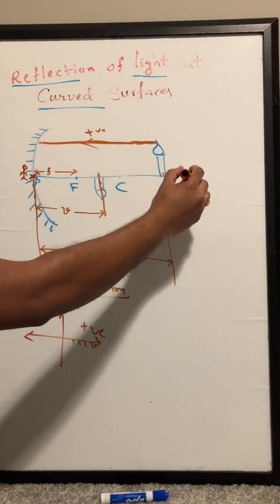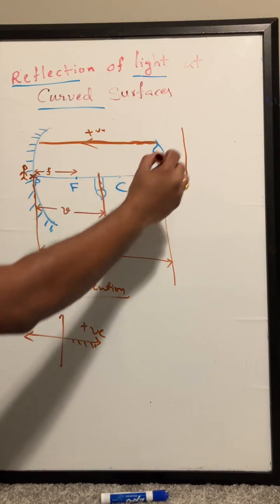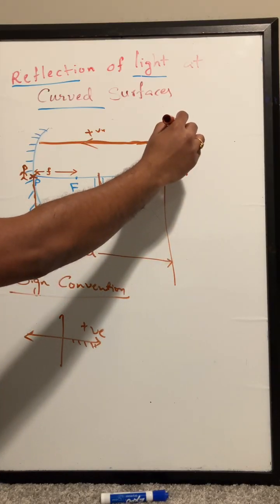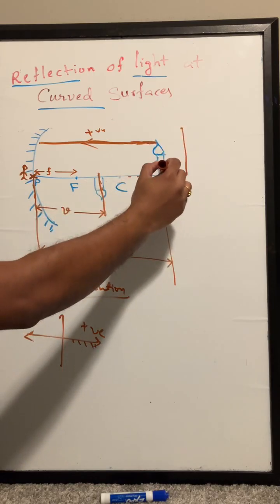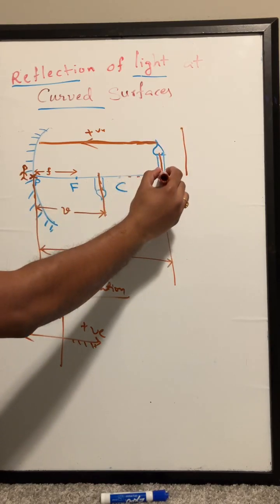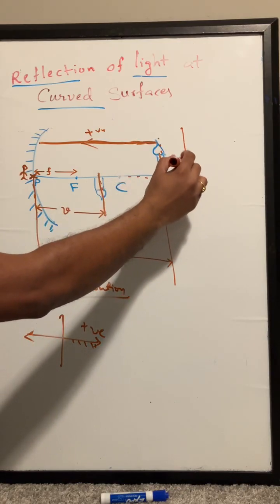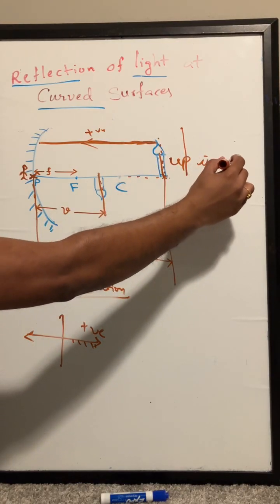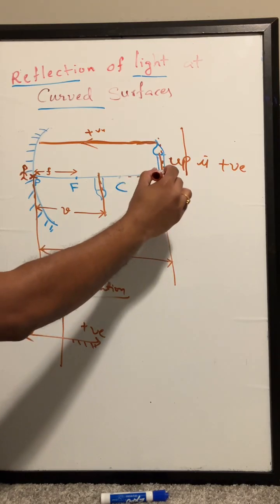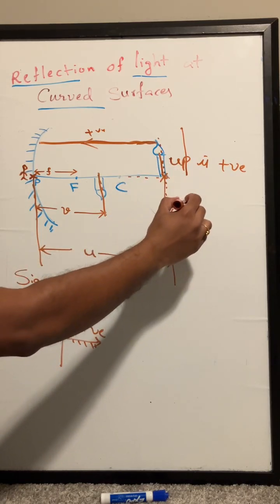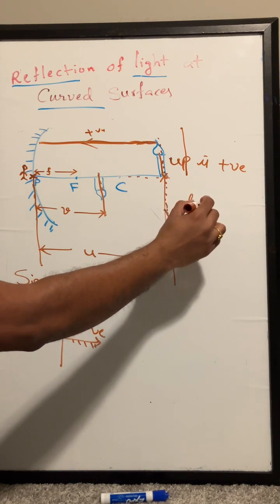And also heights above the principal axis are called positive. Measuring from the principal axis going up is positive, and going down is negative.